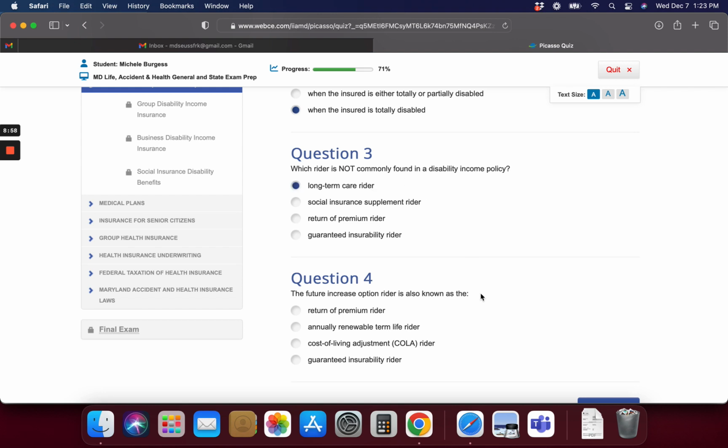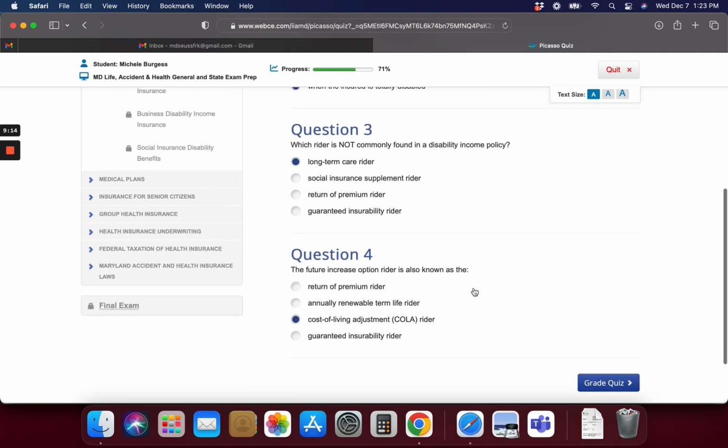I would say long-term care. The future increase option rider is also known as the, it's an option, maybe COLA? I don't know. All right, let's see what's right.